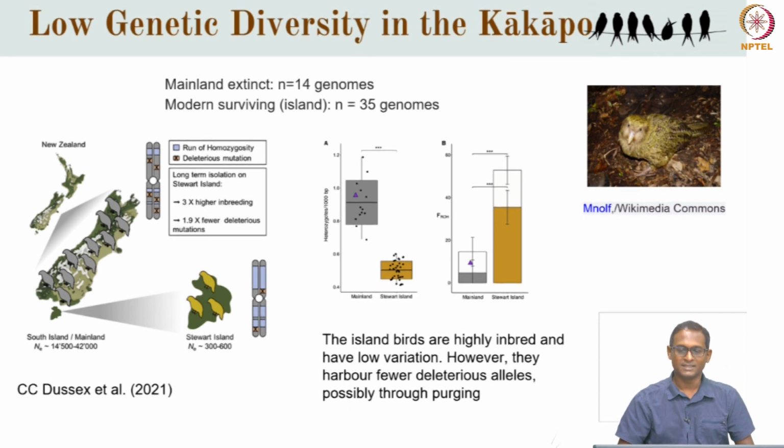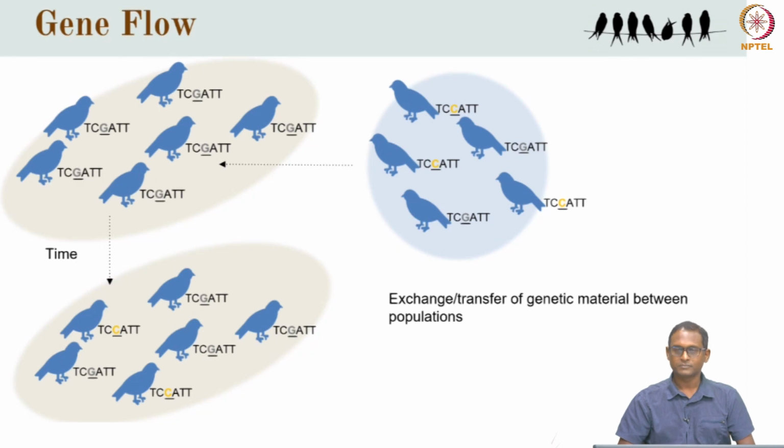But the point is that there are effects of inbreeding. There are other effects also, I think, that relate to the reproductive fitness itself. So you could quantify genetic diversity in various ways, and it has very significant effect in terms of conservation.